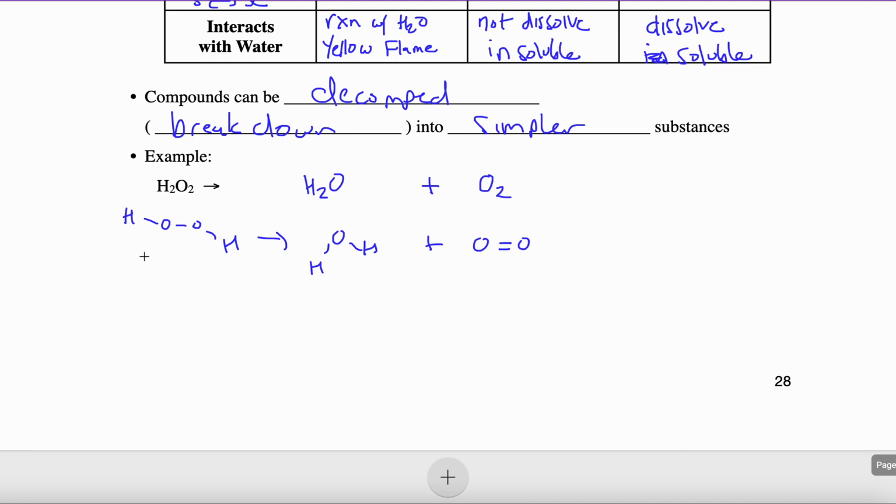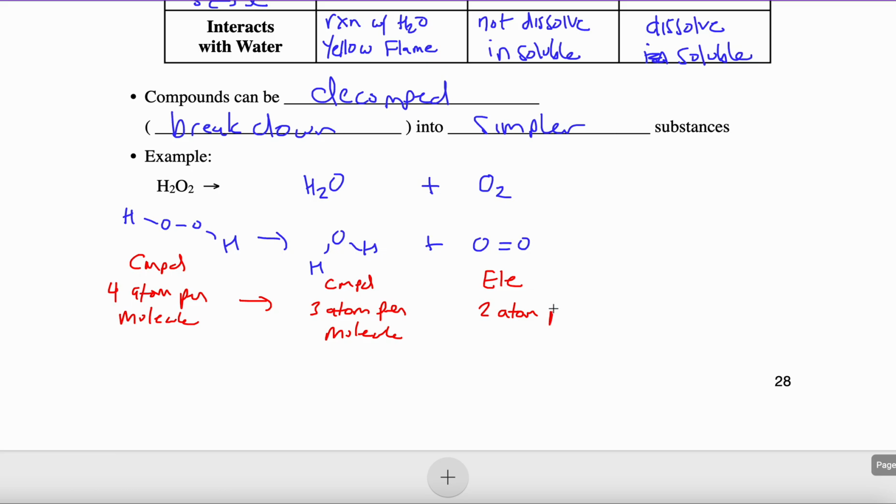So here we have a compound, and there are 4 atoms per molecule, and it is decomposed into a smaller compound that only contains 3 atoms per molecule, and it also sets free an individual element, and this element, because it's a diatomic, there are 2 atoms present per particle.